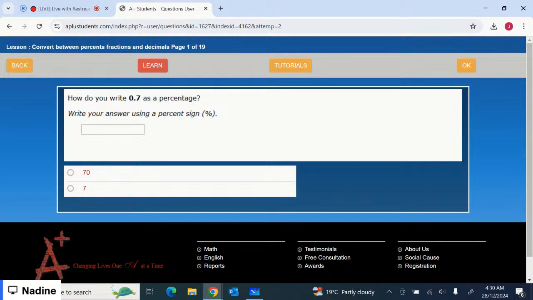What is 0.7 as a percentage? You need to multiply 0.7 times 100, so that is 70%. Option number 1 is the correct option.